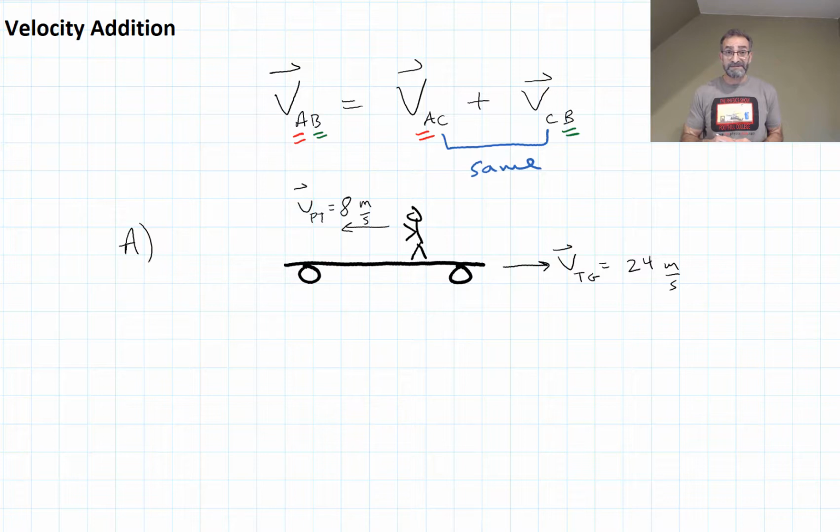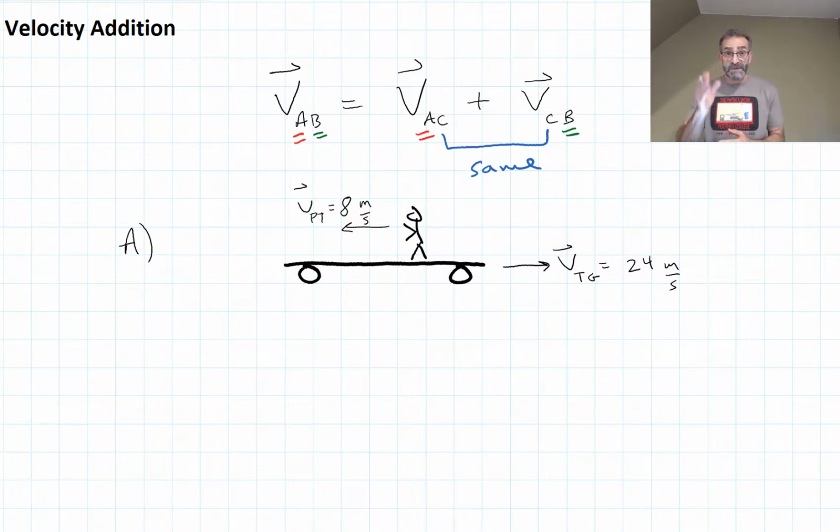That's a fast person. Let's use our equation to figure out what the velocity of the person is with respect to the ground. Someone on the ground would see the person moving, and how fast would they see the person moving? Well, let's think about it for a second before we do the problem.